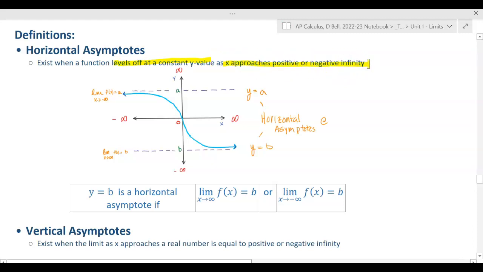So at most, we could have two horizontal asymptotes. So y equals b is a horizontal asymptote if the limit as x approaches infinity of f of x equals b, or the limit as x approaches negative infinity of f of x equals b. Again, where b is a constant.